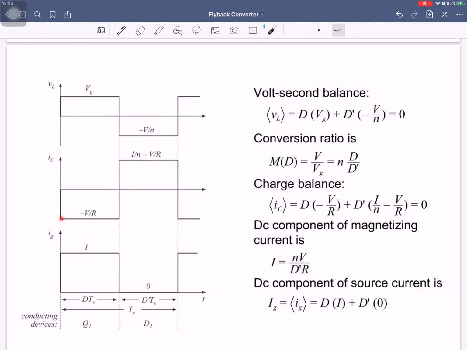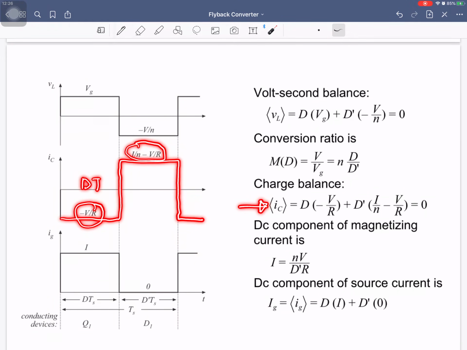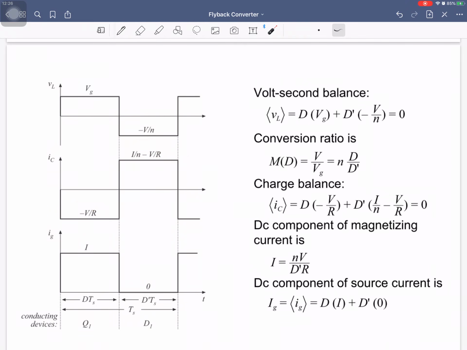And similarly, if we look at the capacitor current, the average current through the capacitor should be 0. So the average value of the capacitor current should be 0, and how do we get that? One ampere second balance: minus V by R for the time dT plus I by N minus V by R for the time D prime T should be equal to 0.